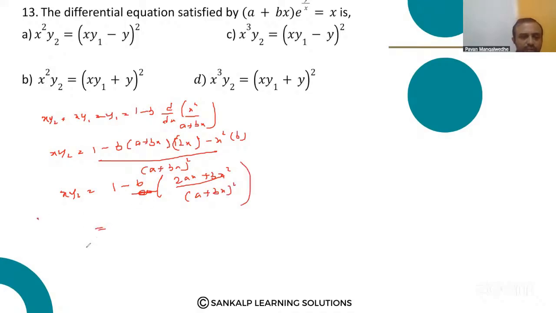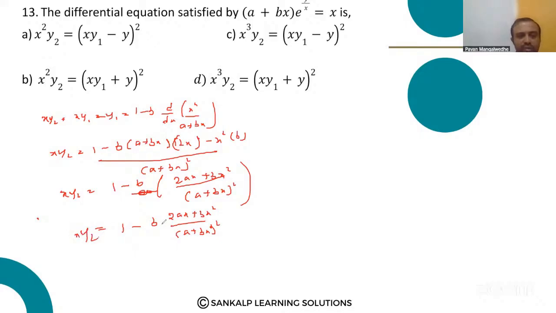Then it is 1 minus b into 1 minus b into that is 2ax plus bx square by a plus bx the whole square. So treat this as equation number 7.